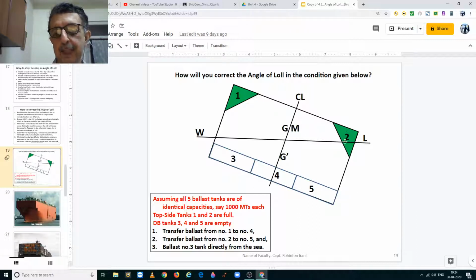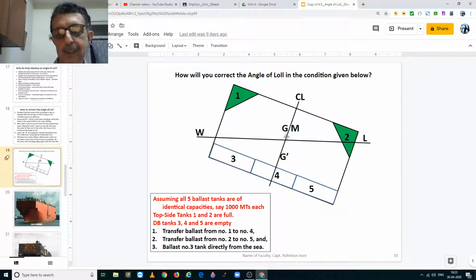Next we come to tank number 2. Tank number 2 is also 1,000 metric tons when it is full, and tank number 5 has a capacity taken as 1,000 metric tons, which is 100% of its capacity. So you transfer water from number 2 into number 5. Initially, as you are transferring water, number 2 will become slack, and number 5, as you are filling it up, will also become slack.